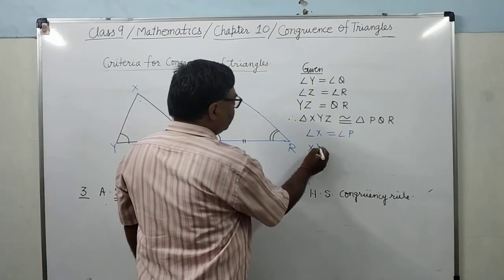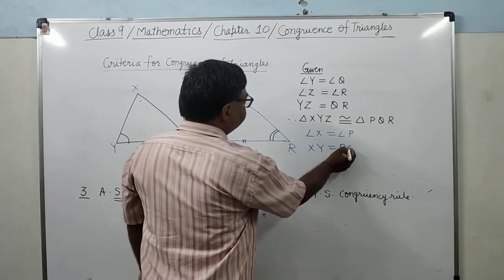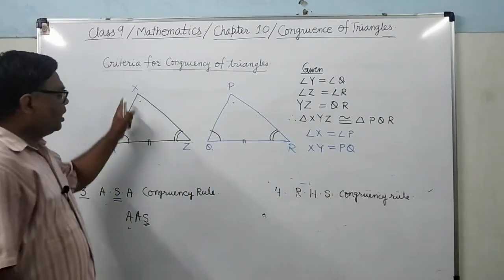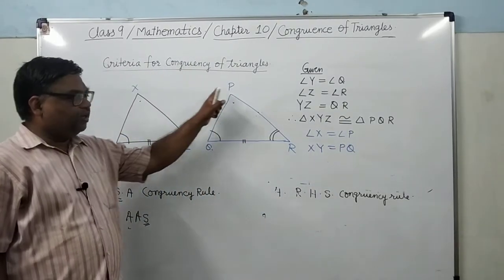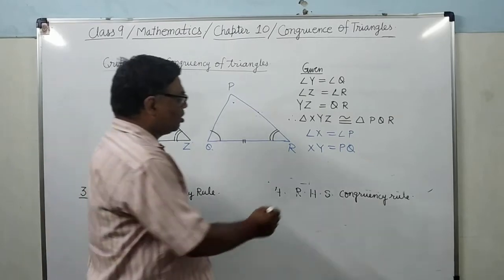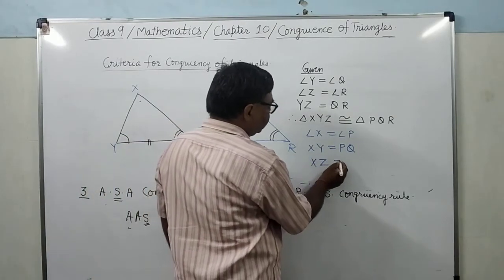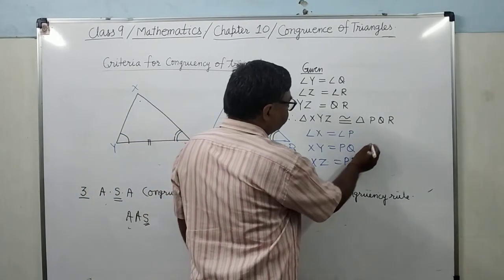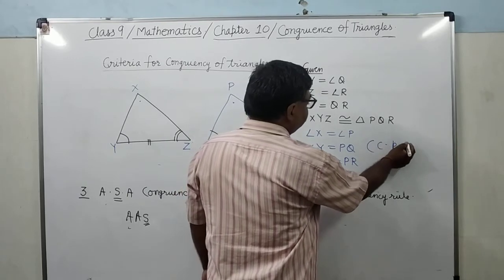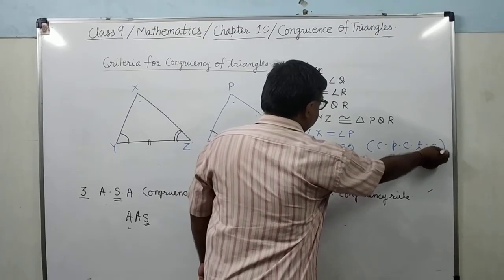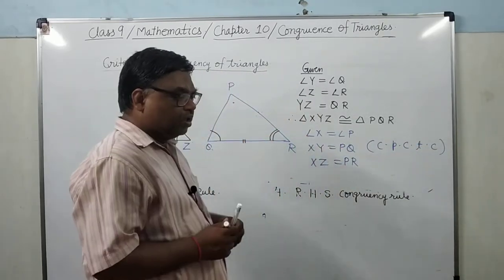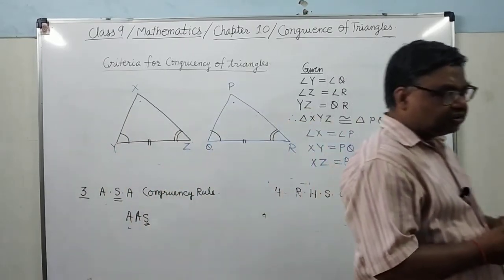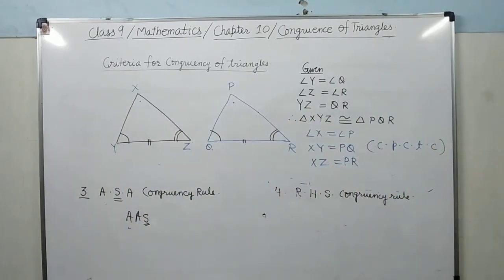XY will be equal to PQ. Then XZ will be equal to PR. So by CPCTC these will also be equal. CPCTC means corresponding parts of congruent triangles are congruent.